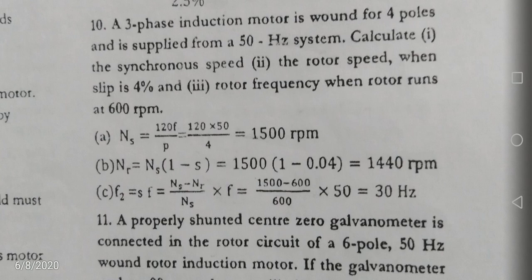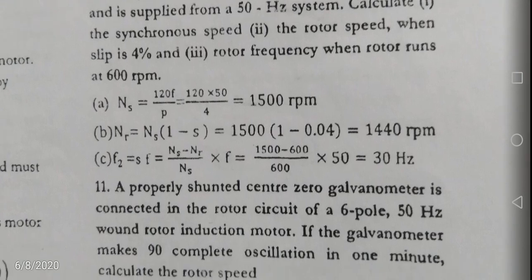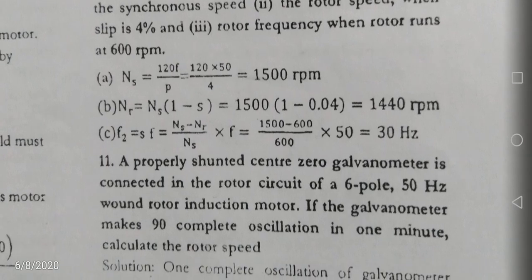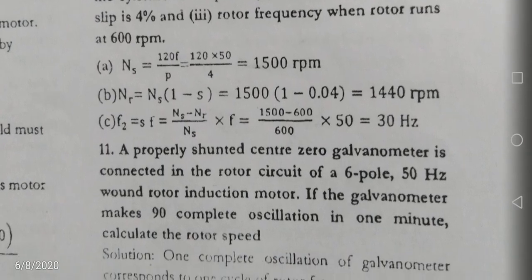For a 4-pole machine on a 50 Hz system, Ns is 1500 rpm, and Nr equals Ns into (1 minus s), that equals 1500 into (1 minus 0.04), that is 1440 rpm. The rotor frequency fr equals slip times supply frequency, that is 0.04 into 50, that is 2 Hz.